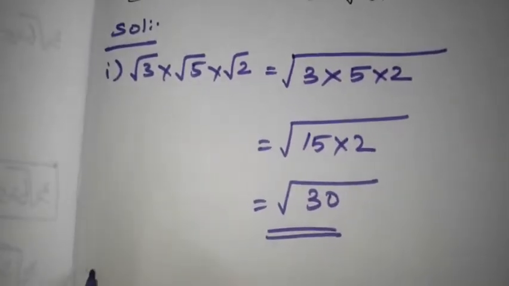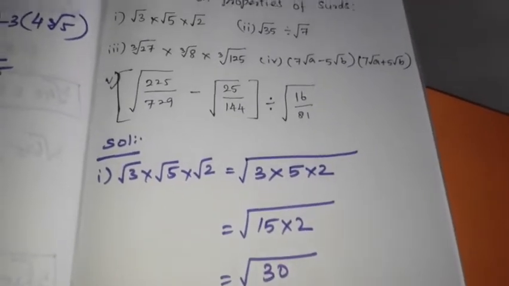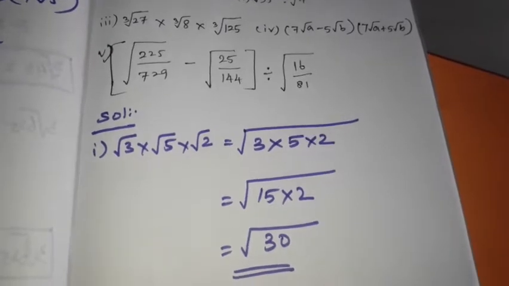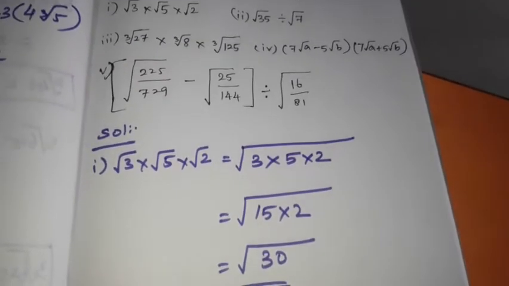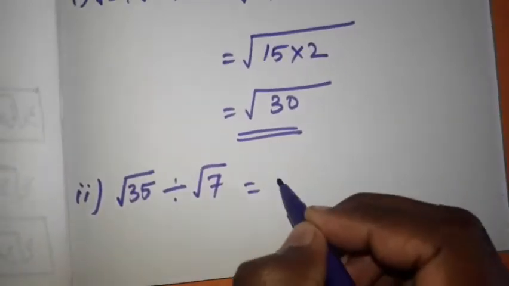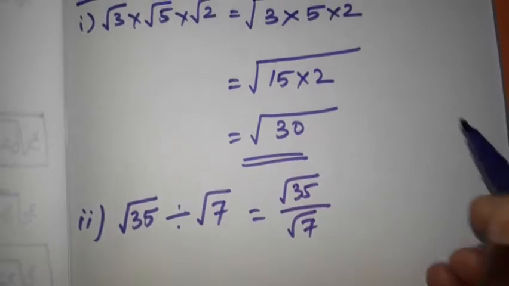Next, the second one. What is given? Root 35 divided by root 7. So now write root 35 by root 7.